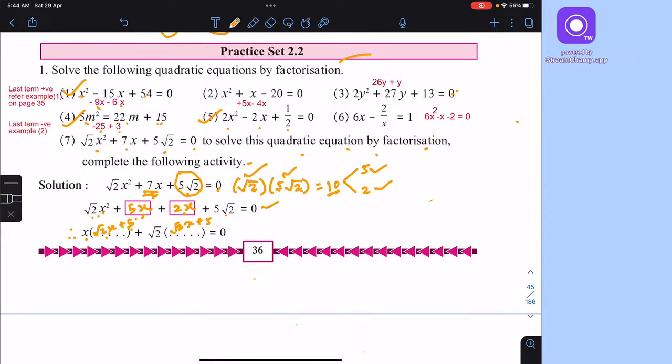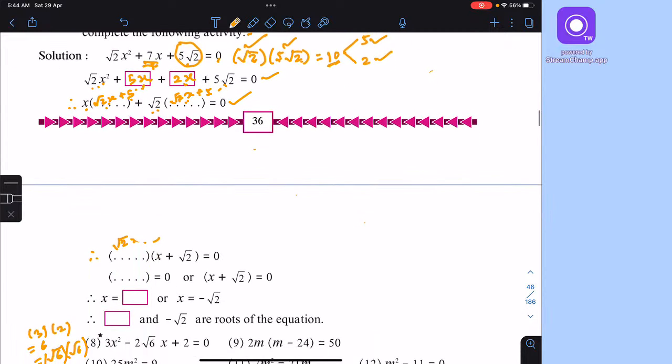Now here you may first write root 2x plus 5 and check whether you have written correctly or not. Root 2 into root 2 is 2 into x is 2x, correct. So root 2 into 5 is 5 root 2. So this is correct. Now here root 2x plus 5 is common in both, that you have to write here.